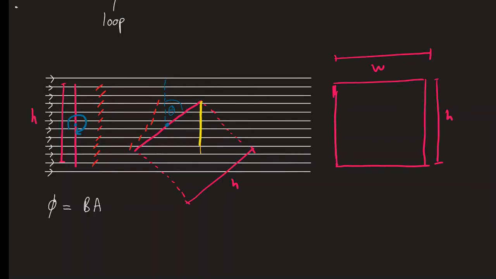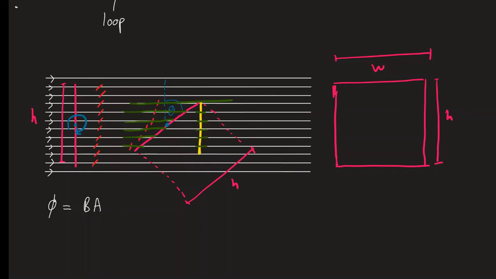Just making that line a bit thicker. All the field lines that pass through our rotated loop, so these ones that I'm going to go over in green, also pass through our effective loop. And our effective loop is just a lot easier to think about. There's no angle there to deal with.